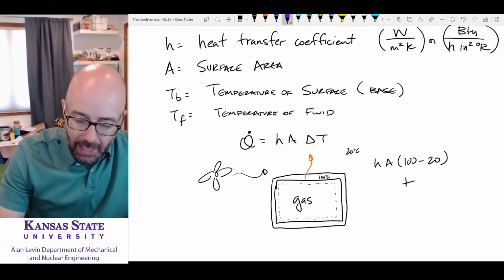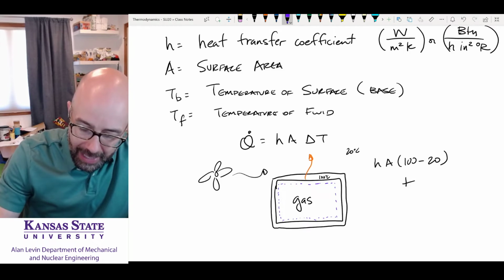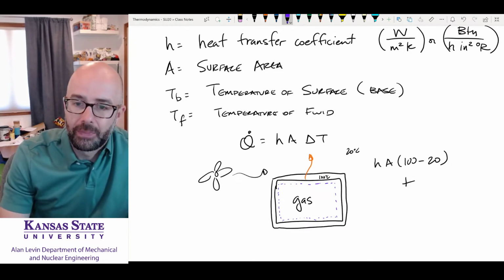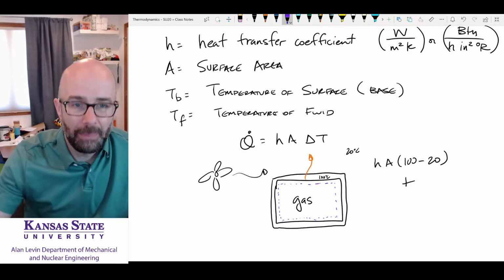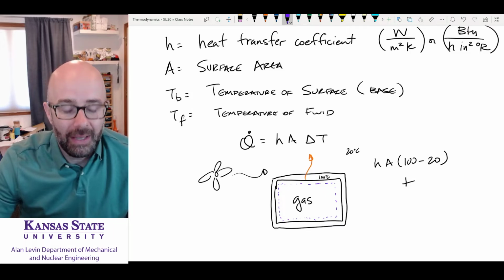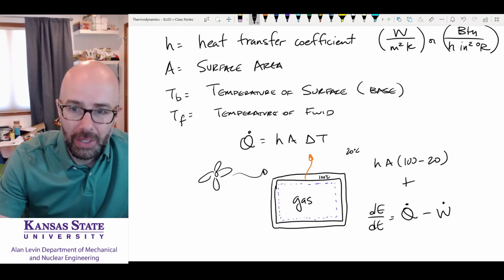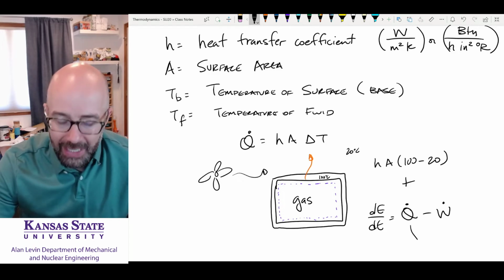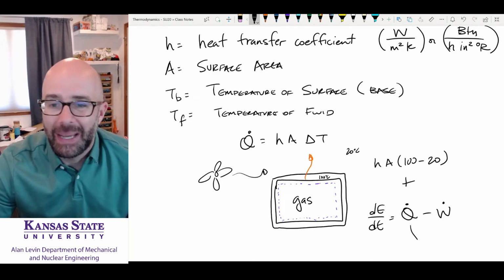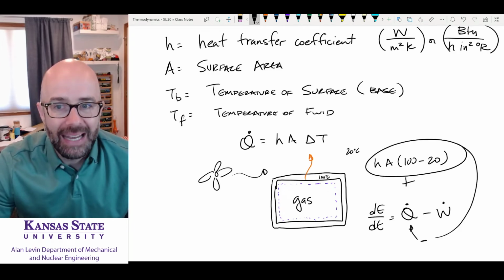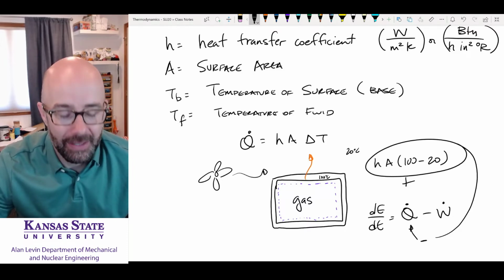Now what I'm going to put in here for my Q dot is going to be a negative of this calculation here, because that is opposite. It's going out of my system, so it's going to be negative for this law. So even though I calculated it as a positive number, I had to make a decision about how I put it into this first law equation, and this is going to be a negative putting into this first law equation, okay, because it's leaving my system.